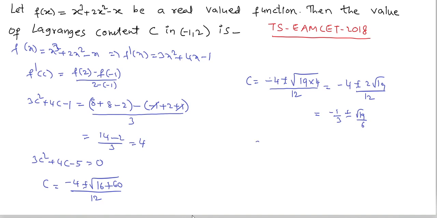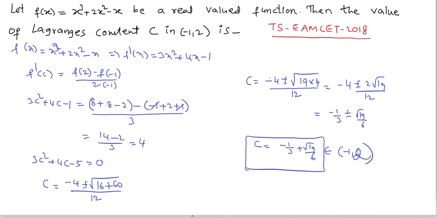Clearly the value c is equal to minus 2 plus root 19 by 3, which belongs to (minus 1, 2). So the value of c is minus 2 plus root 19 by 3. This is the value of c.